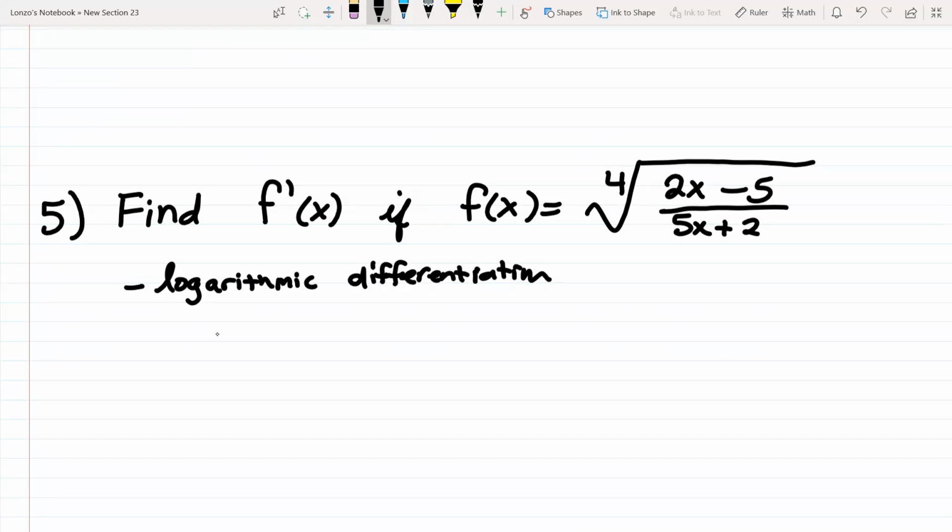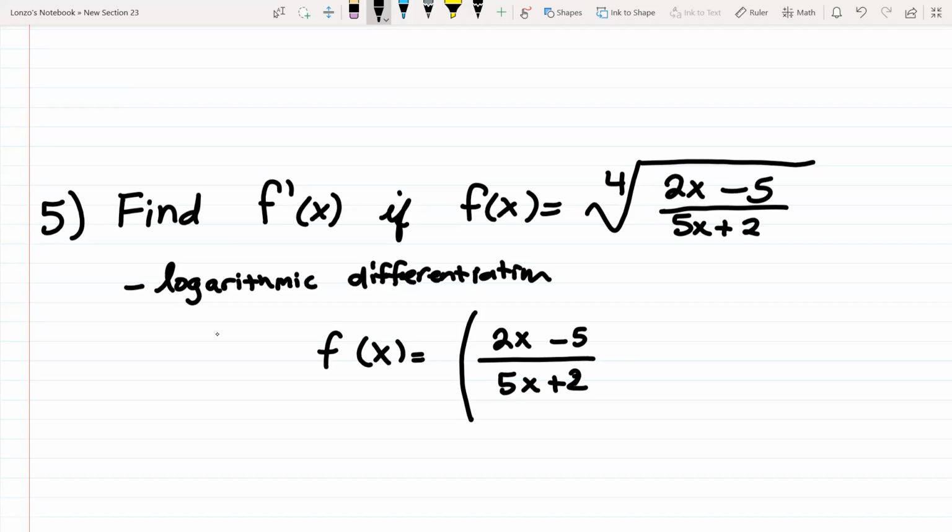So first I would rewrite this as a power. I can rewrite this as f of x equals parentheses 2x minus 5 all over 5x plus 2, raised to the 1/4.